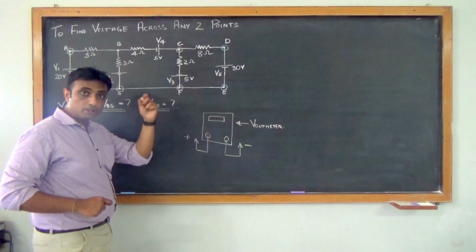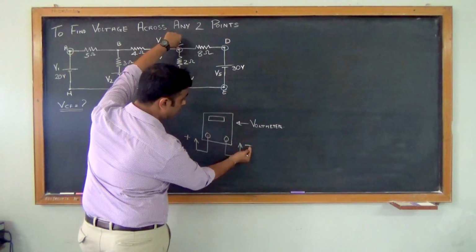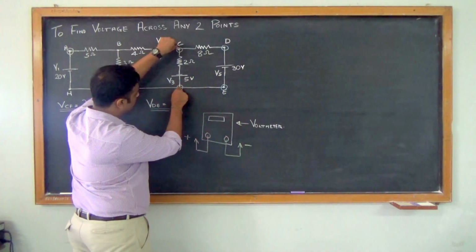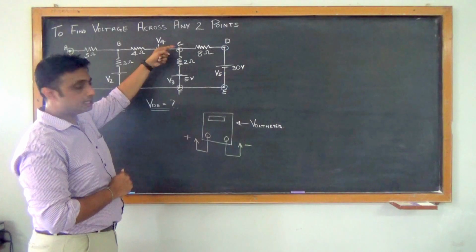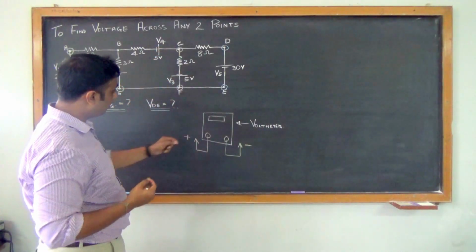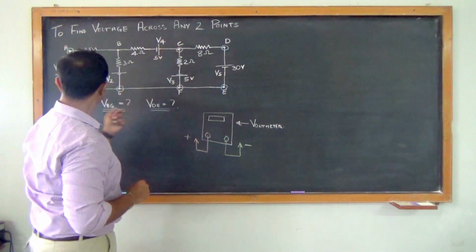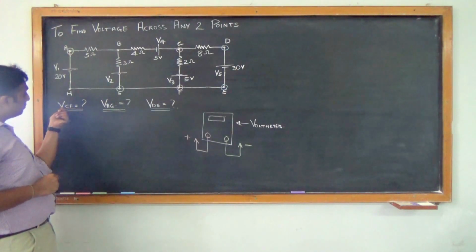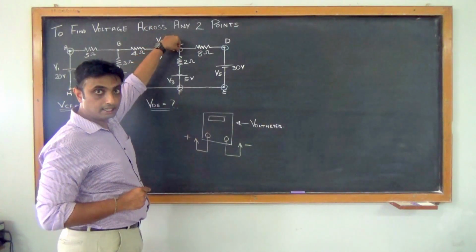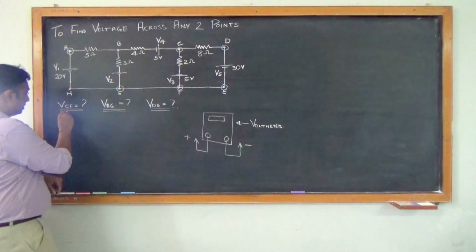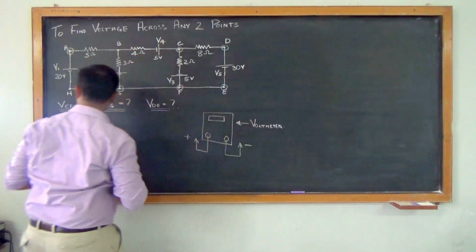So the red wire or the red terminal will be connected to C and the black wire or the black terminal of the voltmeter will be connected to F. So if you want to find out the voltage VCF, the first positive terminal will be connected to the first point, that is C, and the negative terminal of the multimeter will be connected to F.